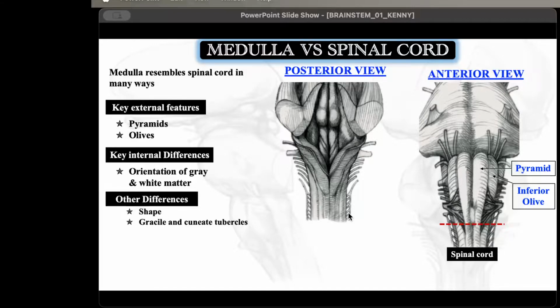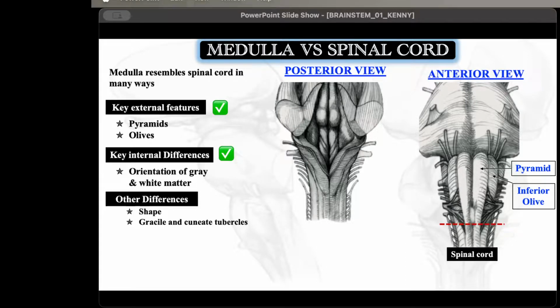But I tell you what, if someone asks you in an exam to mention the differences, you use either of these two: the pyramids and olive, and the orientation of white and gray matter. But you also have to pay attention to the question, because sometimes someone can be specific, like wanting you to mention the external features. Then you will not mention the orientation of white and gray matter, because that is internal anatomy.